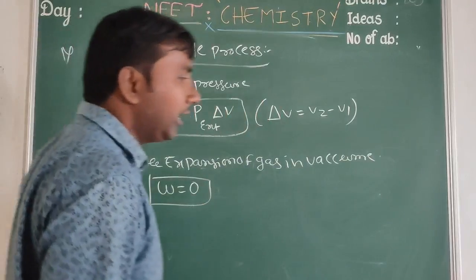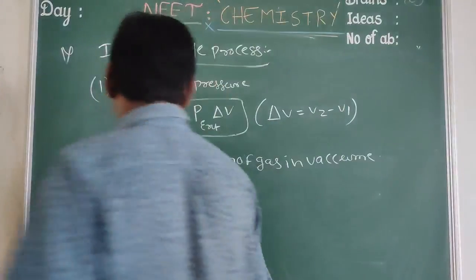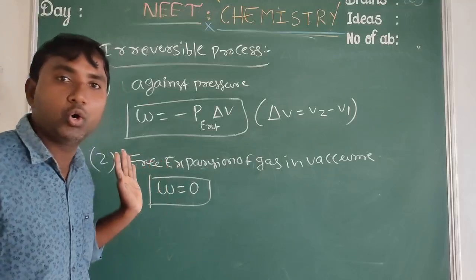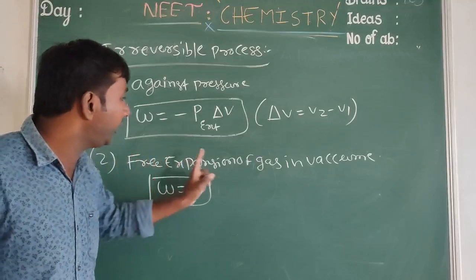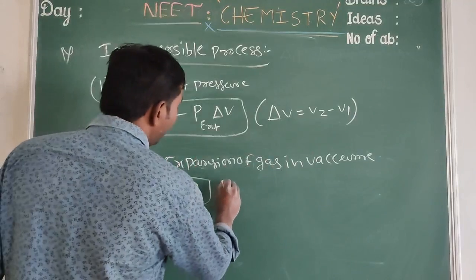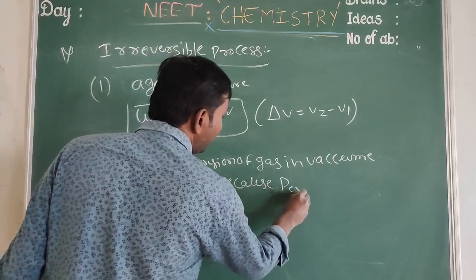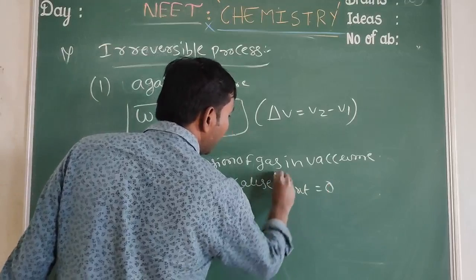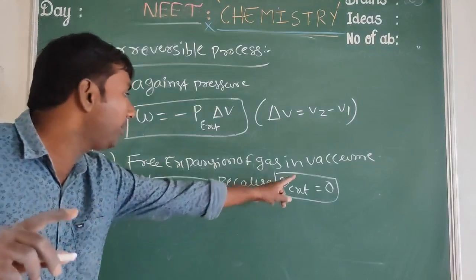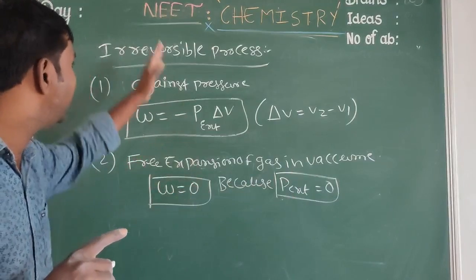In a problem, without calculation, take work equal to 0. If they give free expansion of gas in vacuum, work equal to 0. Reason: because external pressure equal to 0. Due to external pressure equal to 0 in vacuum, work equal to 0.